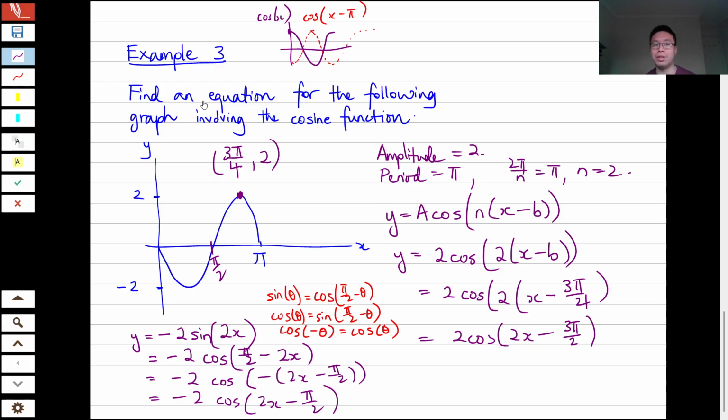Lo and behold, the graph has been negated. So that becomes negative cosine of x. And so now I can write this as cosine of 2x minus π on 2 minus π. And behold, that gives me cosine of 2x minus 3π on 2.